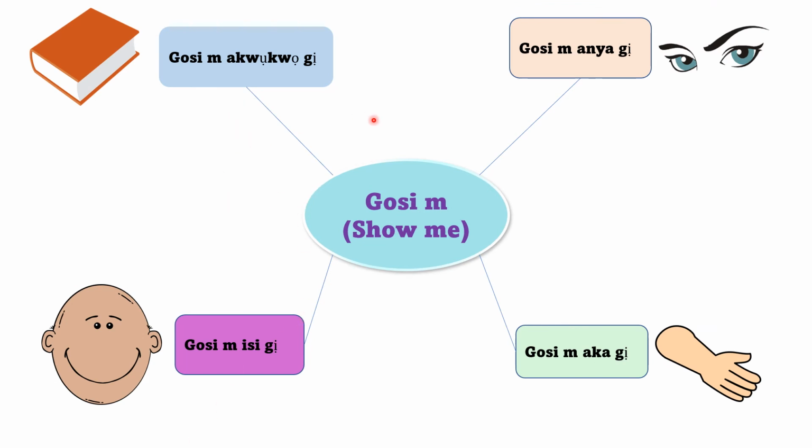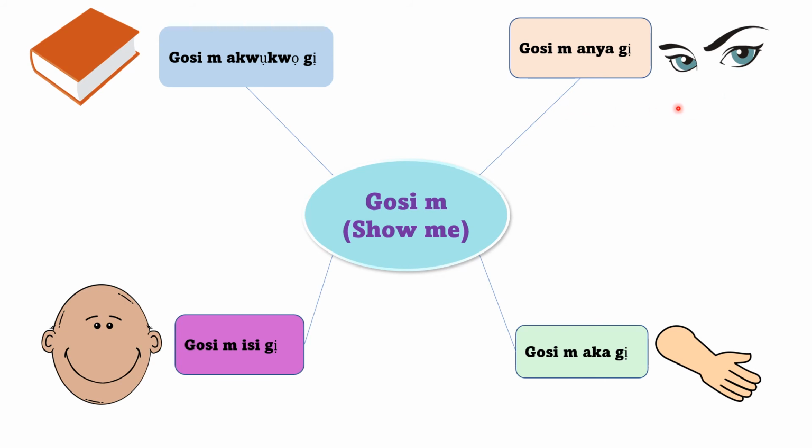So in this slide, we'll be using gosim, which means show me, right, to form sentences with words that we have already learned in Igbo. For example, anya is eyes. So if you want to use eyes to form sentence with that word gosim, it will be gosim anyage, which means show me your eyes.